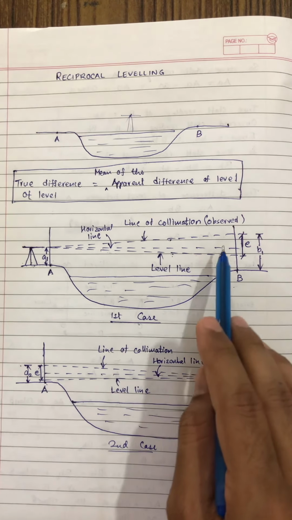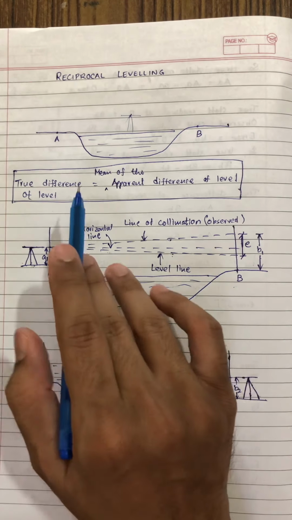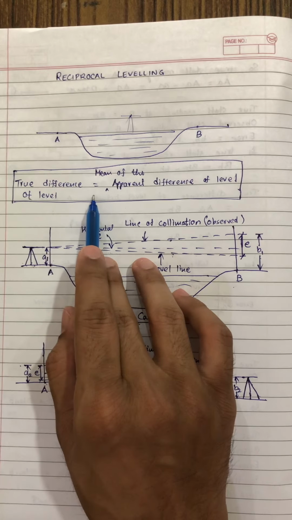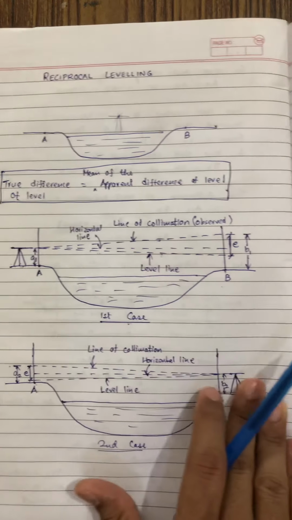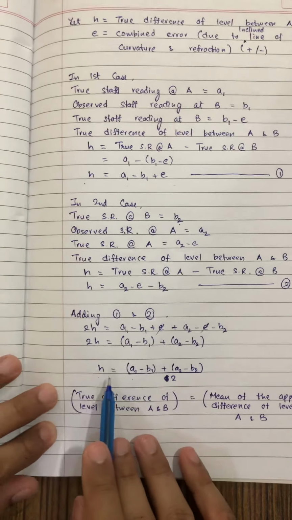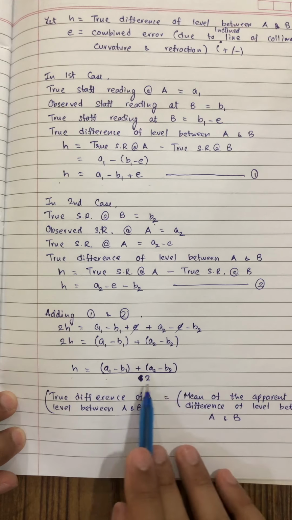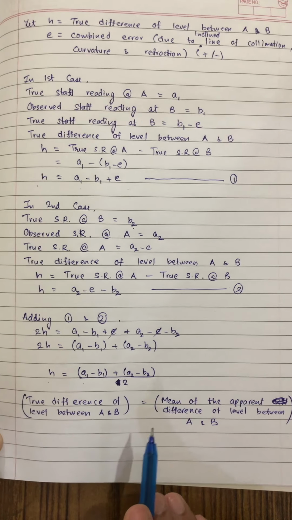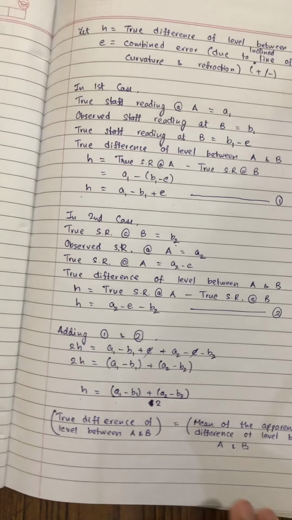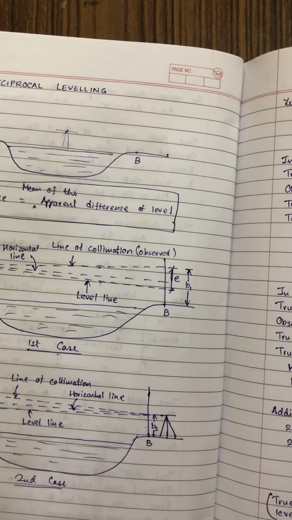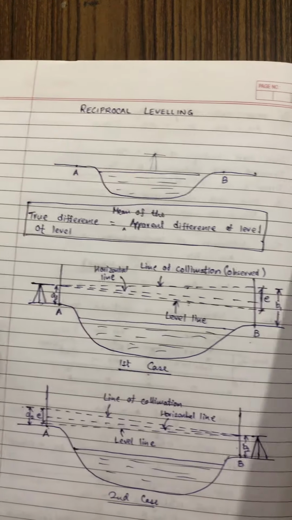The apparent difference was calculated, and based on that the true difference of level is equal to the mean of the apparent difference of level, and it is given as: true difference of level H is equal to A1 minus B1 plus A2 minus B2 whole divided by 2. So in today's lecture we'll solve a numerical on this reciprocal level.